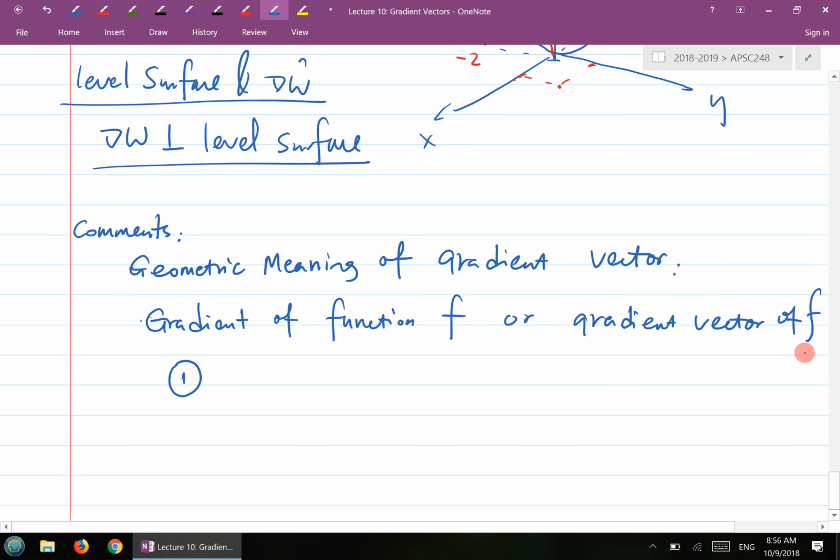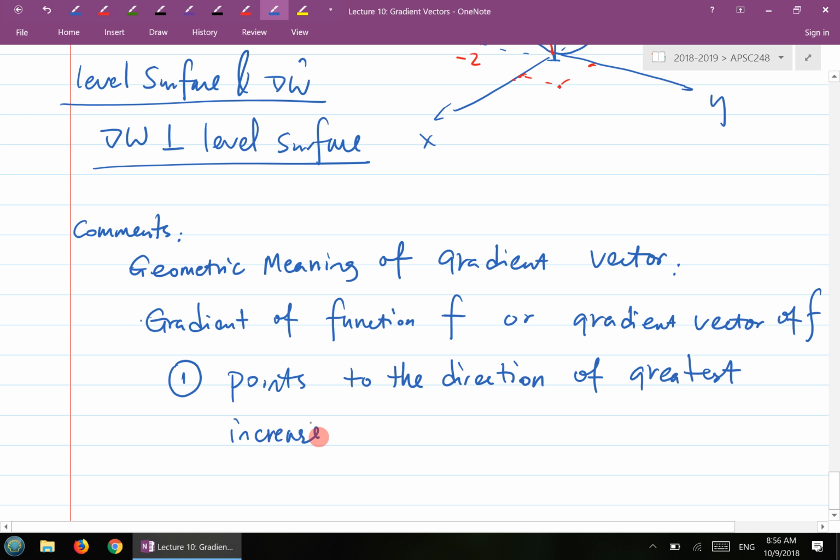The direction given by this gradient vector points to the direction of the greatest increase of function f. That's very important information. This gradient vector, del f, gives you a direction which indicates the greatest increase in the original function f. I'll explain it a little bit.